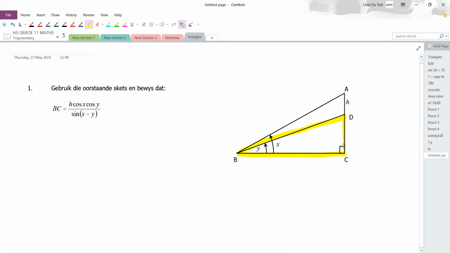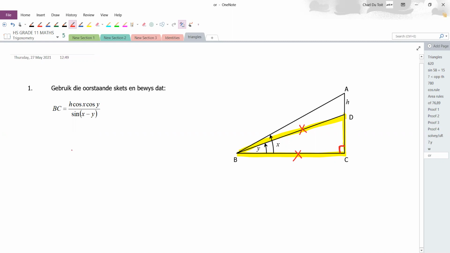What is nice about these two triangles is they both have a 90-degree angle in them. I have to use this side and that side.